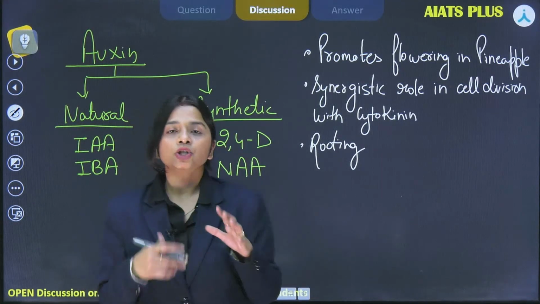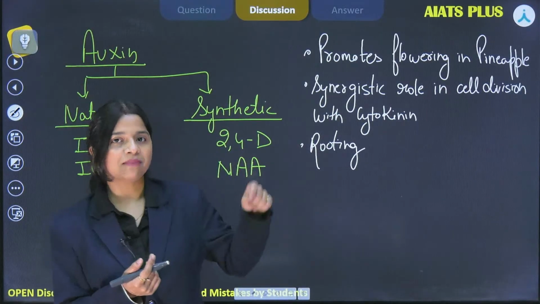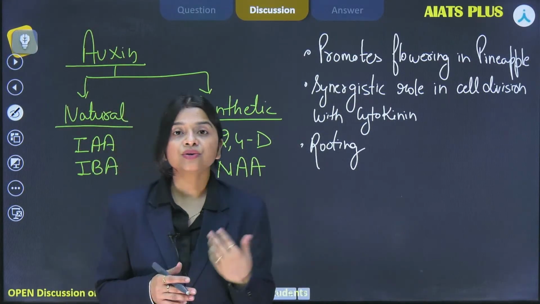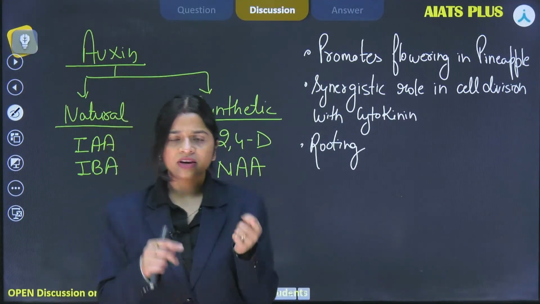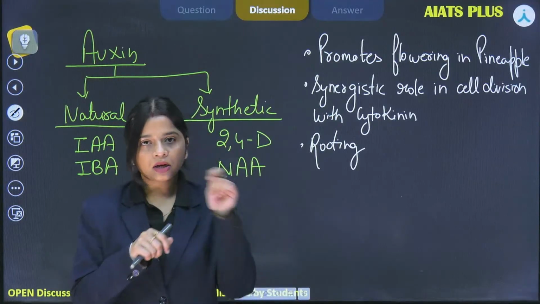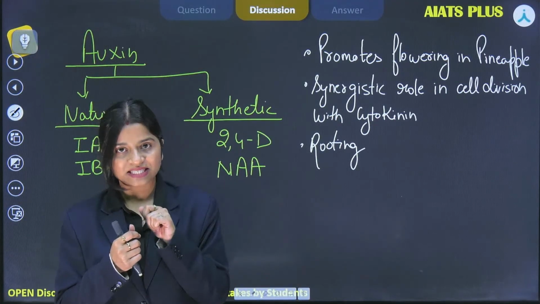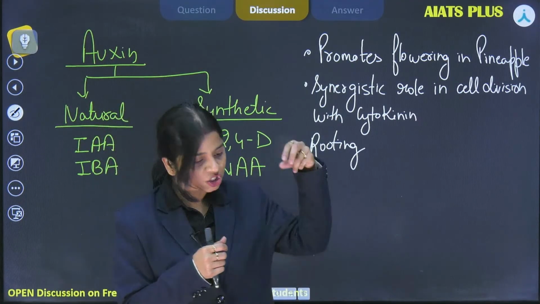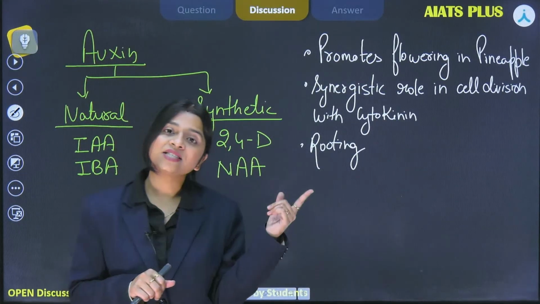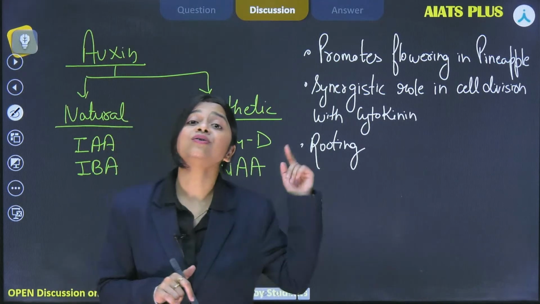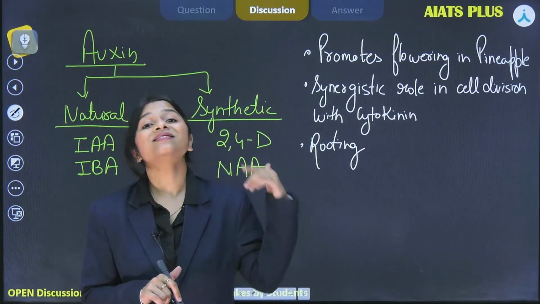But what we should do is dip them in auxins. Now what are the sources of auxin? For example, we have aloe vera gel. You can take the leaf of aloe vera, simply rub that gel on one end of the stem, and that rubbed part should be put in the soil. That will promote rooting. Why so? Because aloe vera gel is rich in auxins, as well as cytokinins.